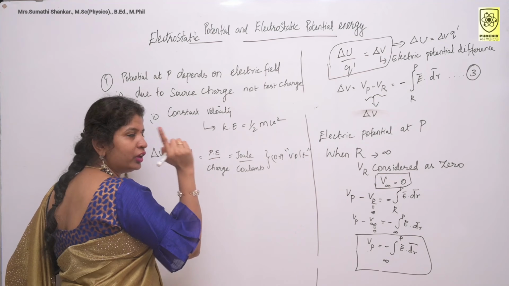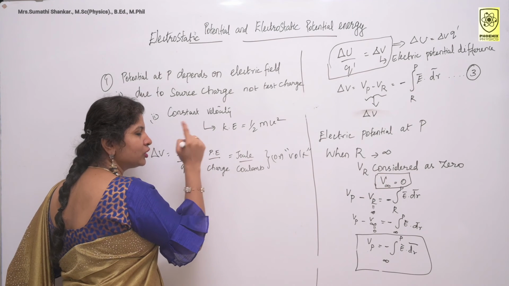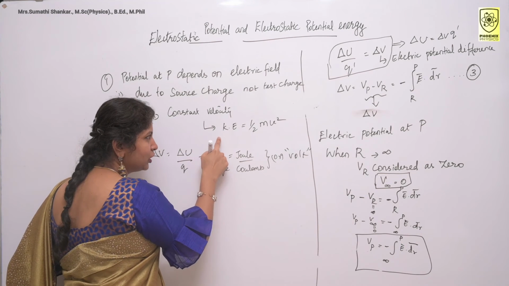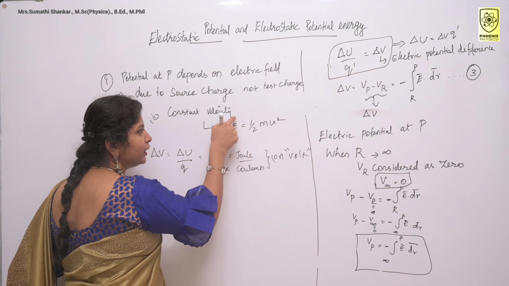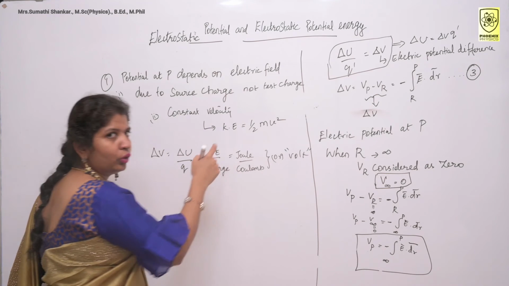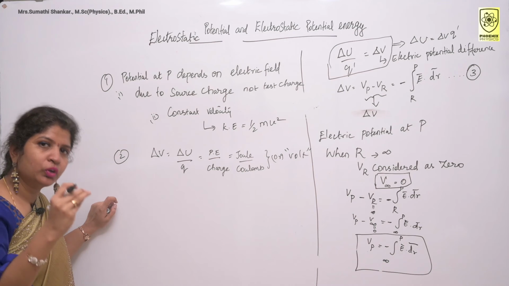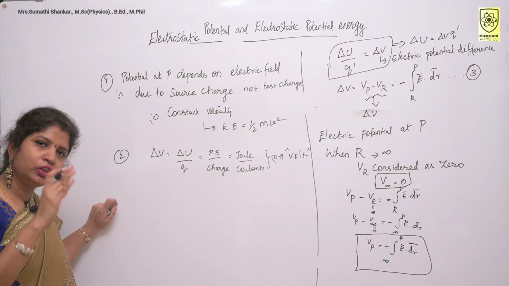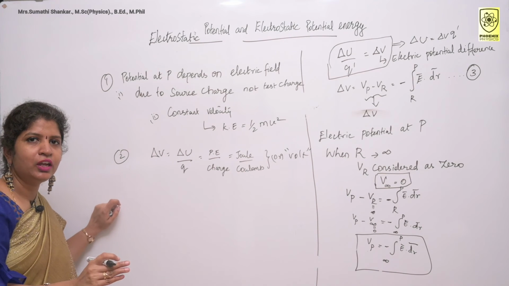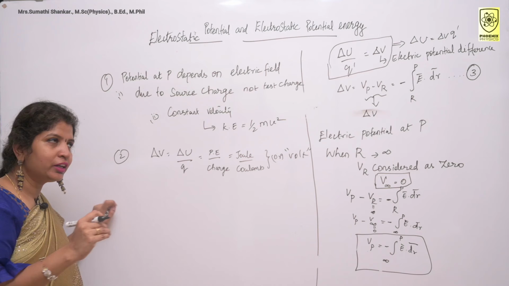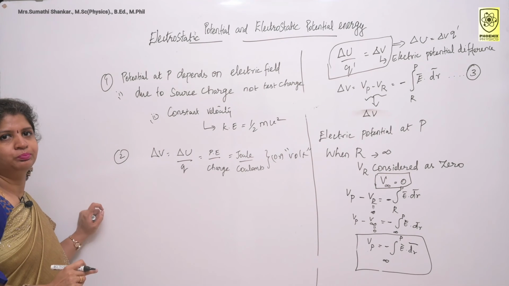If you have changing velocity, you have to include kinetic energy also. But our topic is electrostatic potential, so we have calculated only potential energy. That is why we maintain constant velocity.